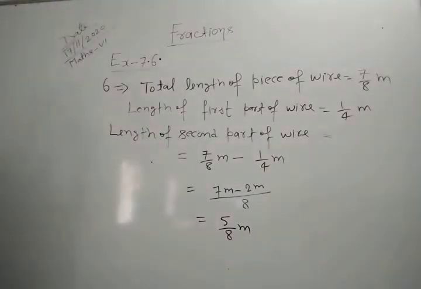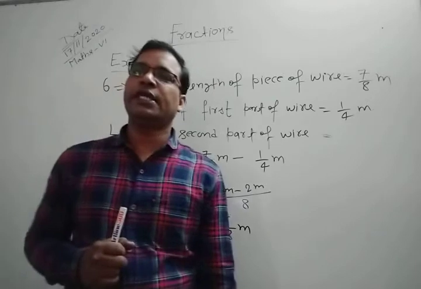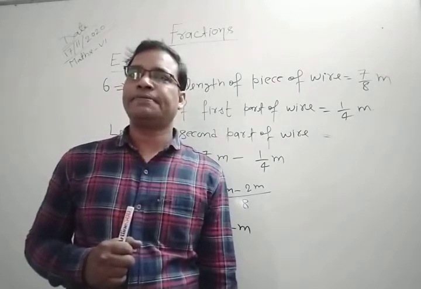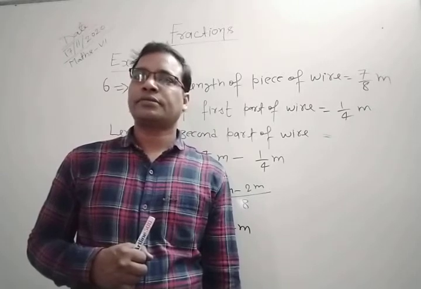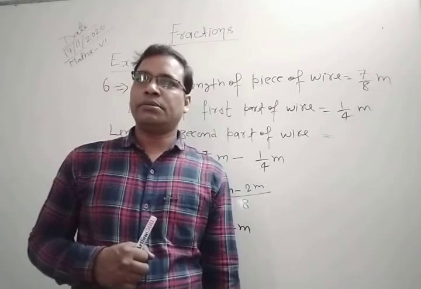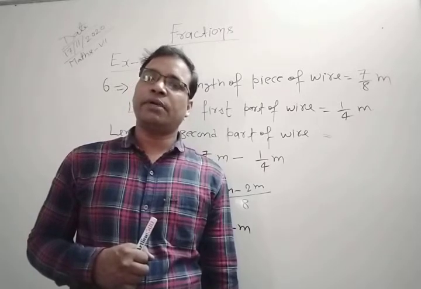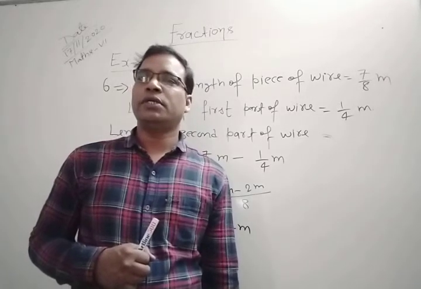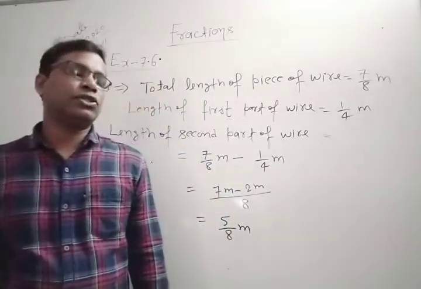In question 7 we have: Nandini's house is 9 by 10 kilometer from her school. She walked some distance and then took a bus for 1 by 2 kilometers to reach school. So how far did she walk?